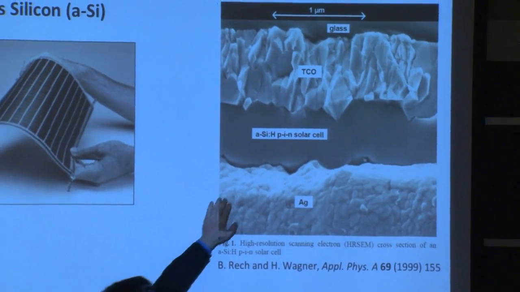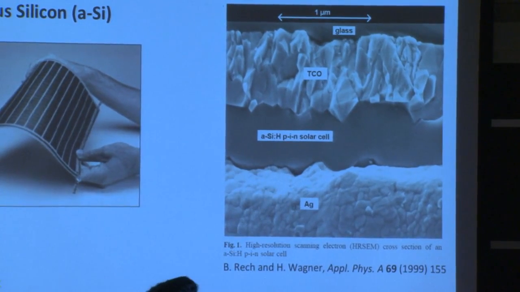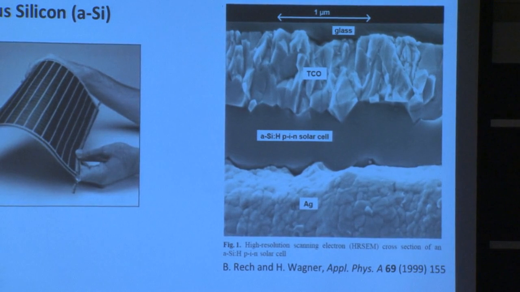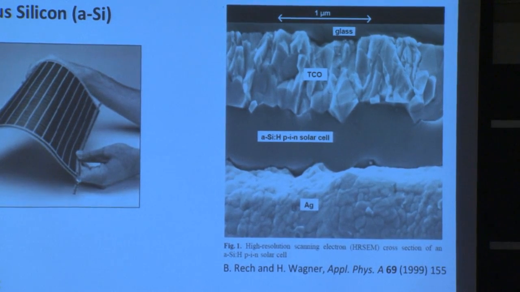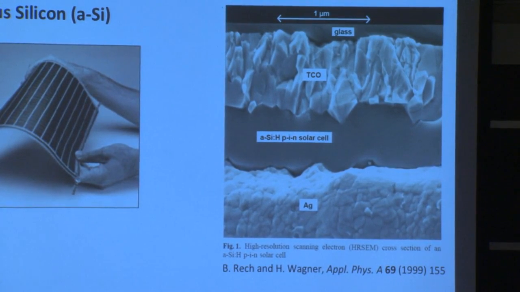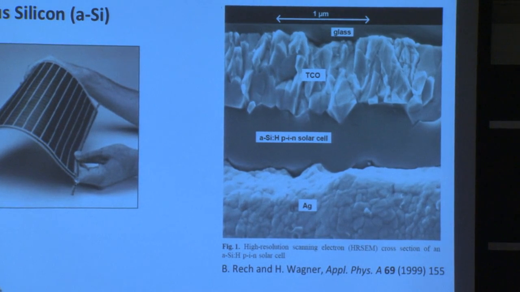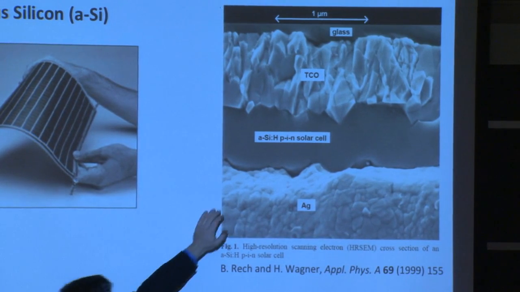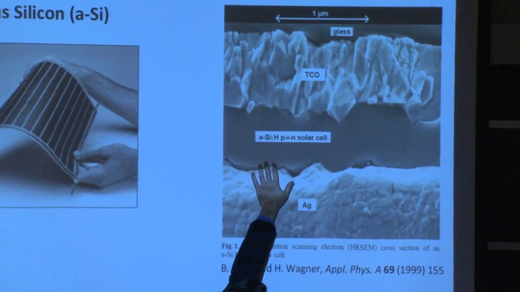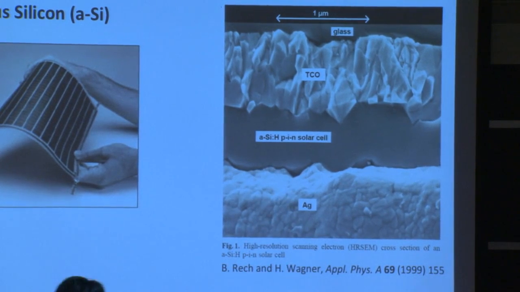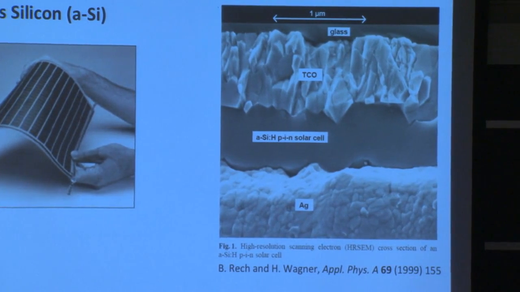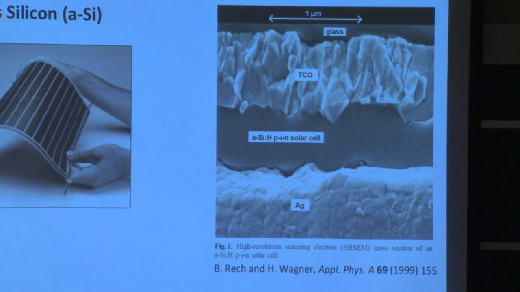This is a cross-section, SEM, of an amorphous silicon device showing the TCO, the transparent conducting oxide, on the top. The TCO was deposited onto the glass, which appears at the very top underneath the scale bar. The amorphous silicon layer right here in the middle is shown. It is in a PIN structure. So we've learned about P-N junctions.